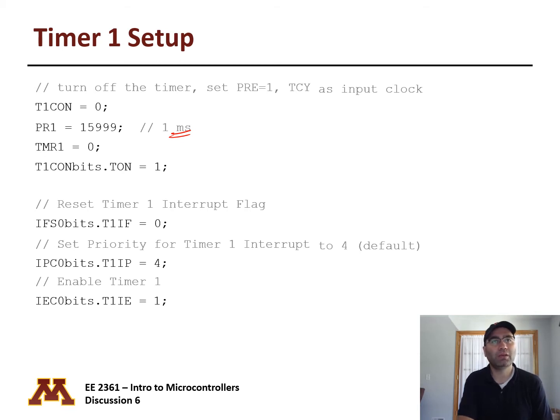Another thing we do is clear the flag, just to make sure we don't have any flag raised from previous runs, and we can set the priority level. This is how you set the priority level. You have priority levels from 0 to 7, with 7 being the highest priority.